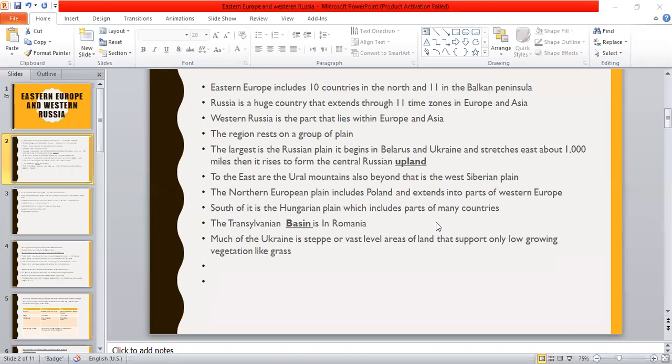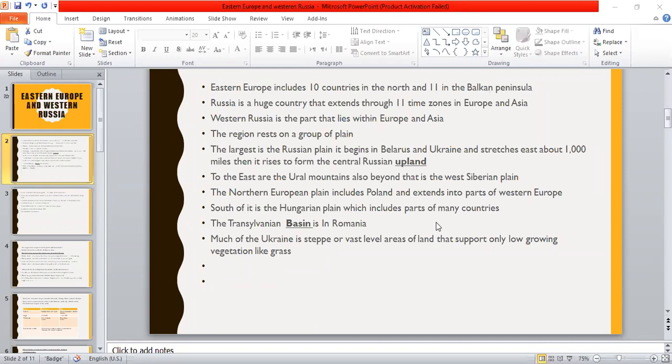Okay. So we have actually several types. Thank you. We have several types of climate found in Eastern Europe and Western Russia. Much of the region has a humid continental climate, with mild or warm summers and long cold winters. So we have two types of climate.